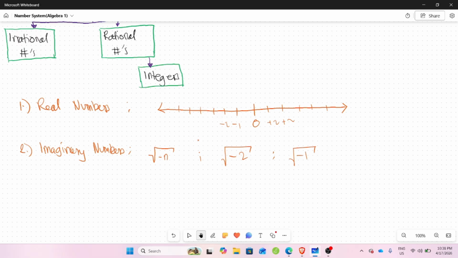So for someone who really wants to learn quantum mechanics, you have to be familiar with imaginary numbers. This is the simplest symbol or syntax for imaginary numbers: a radical sign or square root with a negative integer inside.